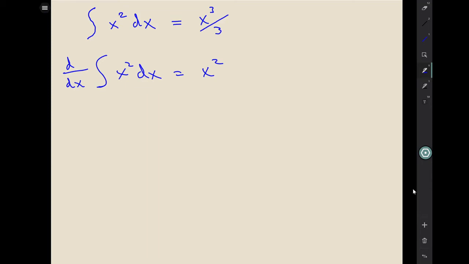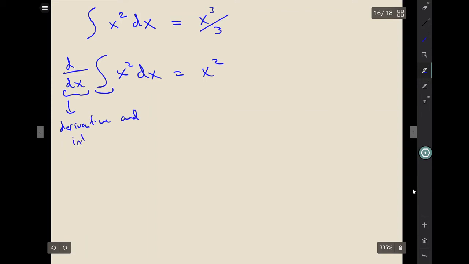And so we've got the change in this function with respect to x, our derivative, and we've got the integral sign right here, and so the derivative and integral cancel out, and so we'd be left with x squared is equal to x squared.